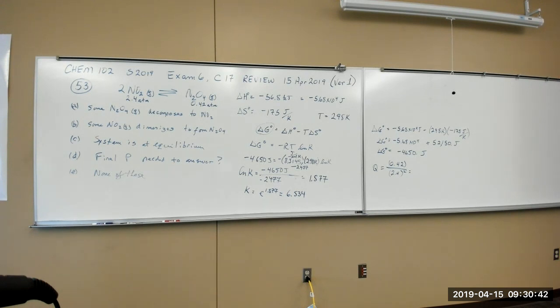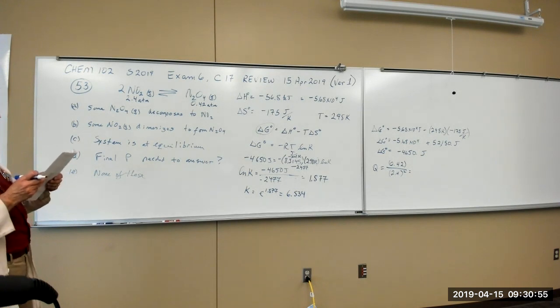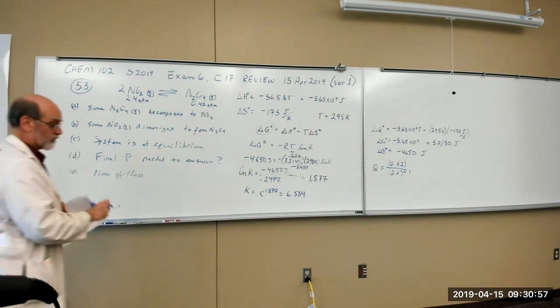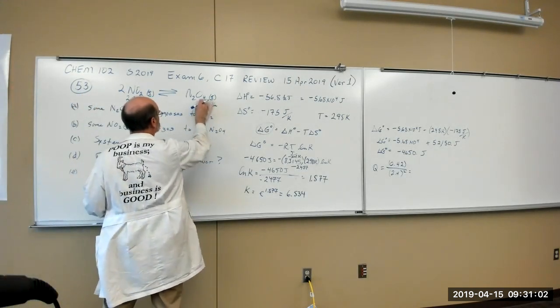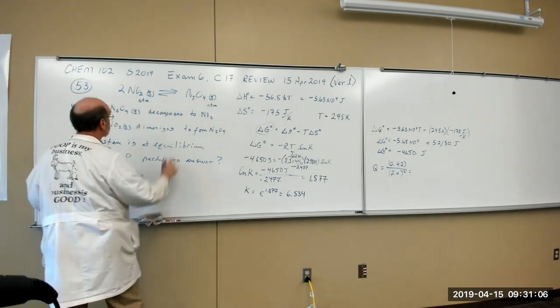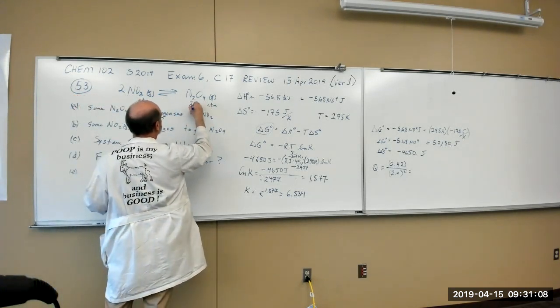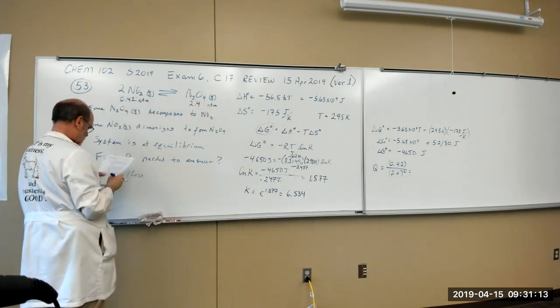I need to read the problem again because I think I put the wrong numbers up there. 53.4 atmospheres is N2O4. I got it backwards.